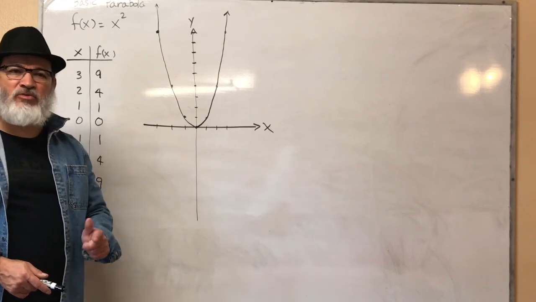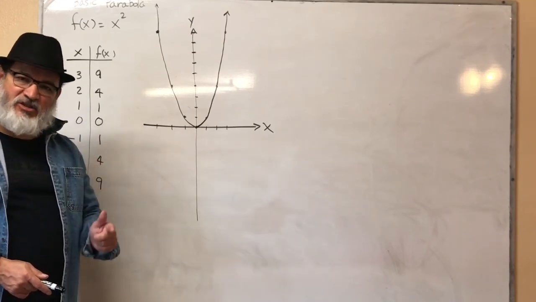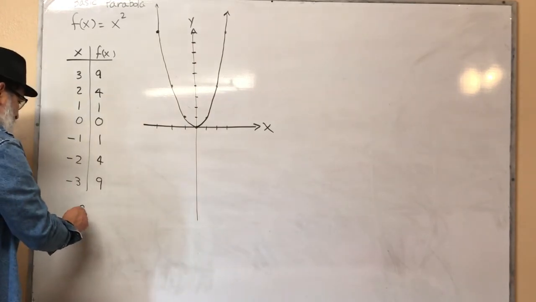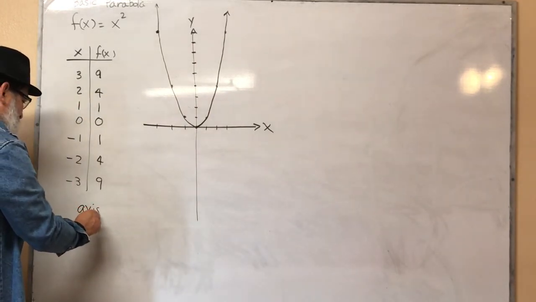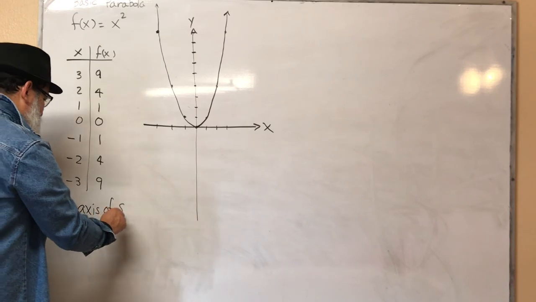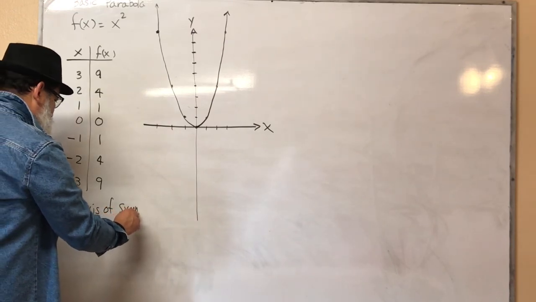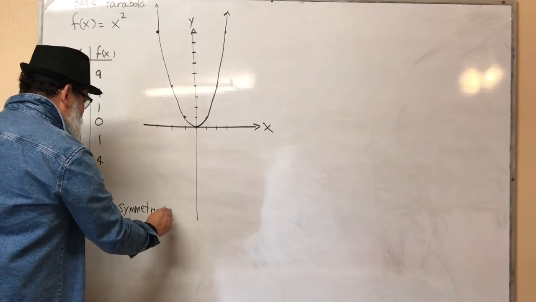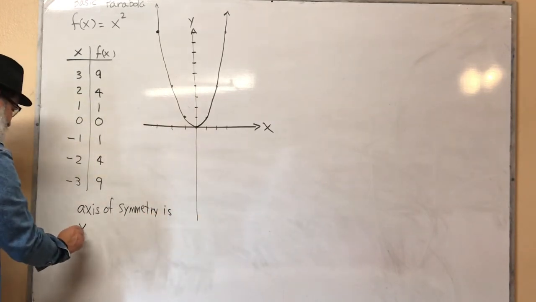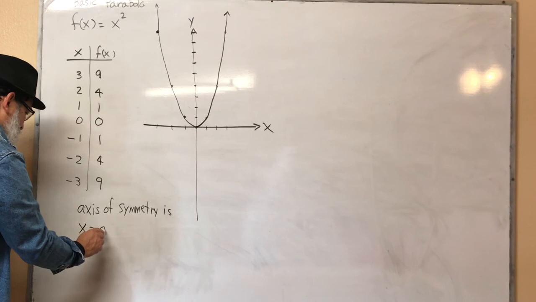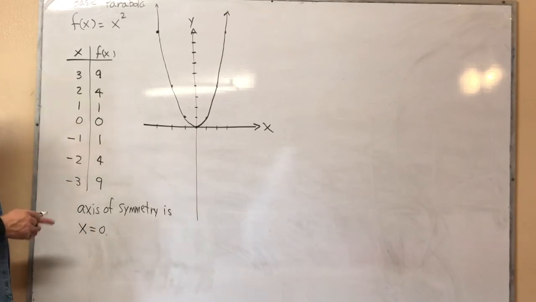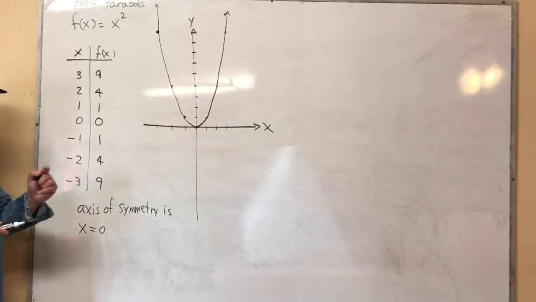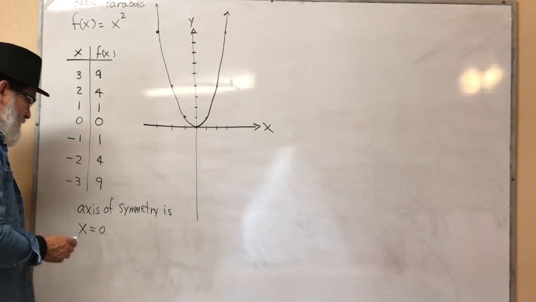X equals 0 is the axis of symmetry. So therefore, the axis of symmetry is x equals 0. And x equals 0 is the y-axis, okay? Please disregard what I said earlier.